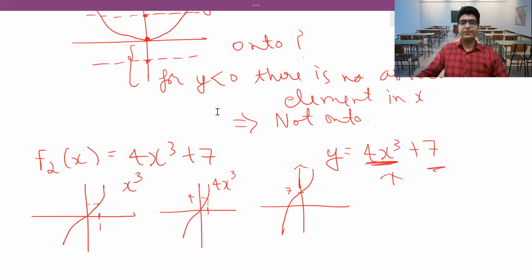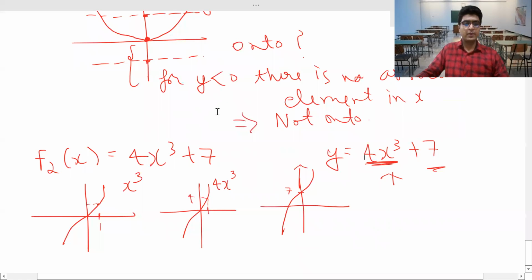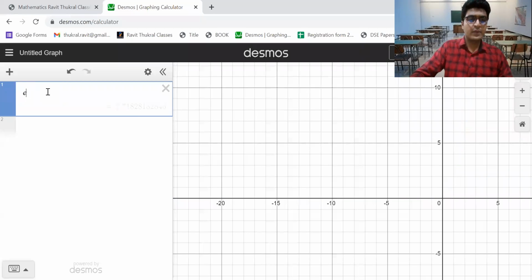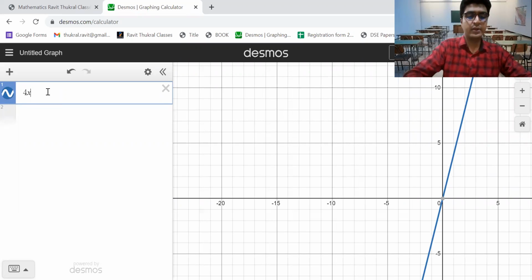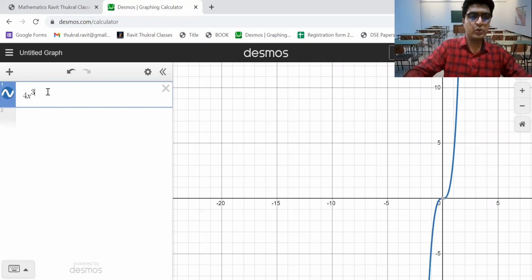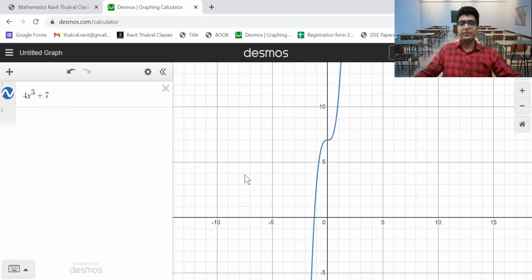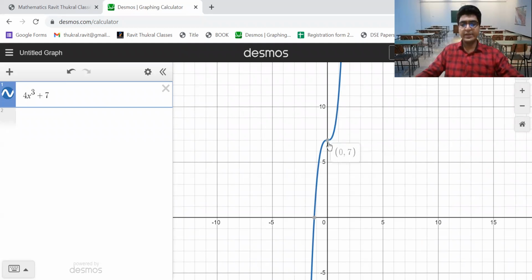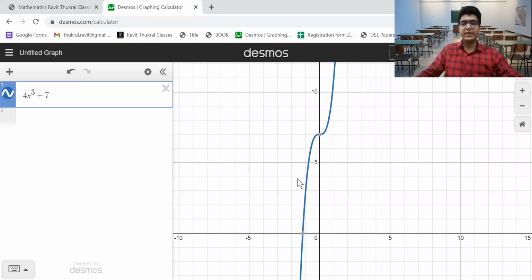Let's confirm this. If I take 4x cube plus 7, see this: the new intercept is at 7. It looks the same as x cube, and it is just shifted up by 7 units.